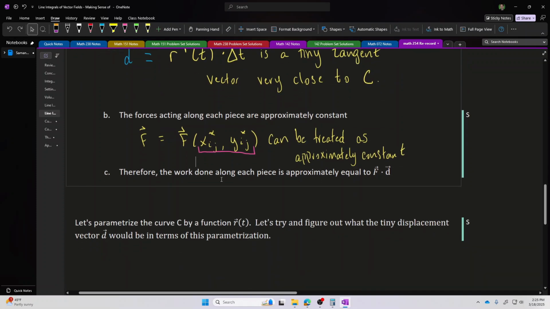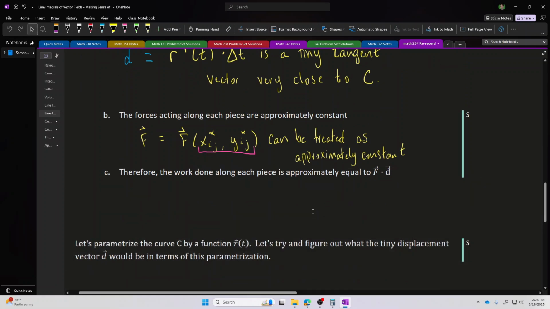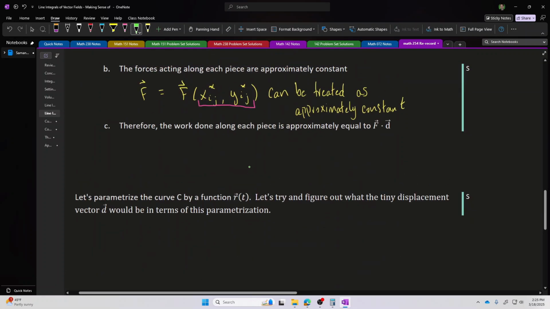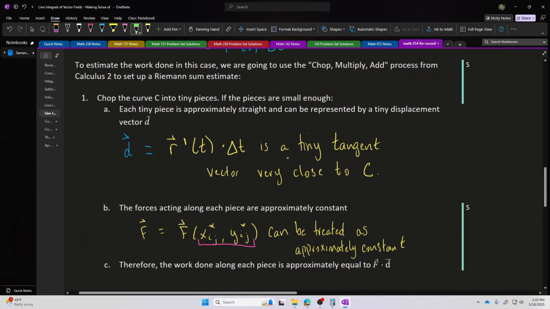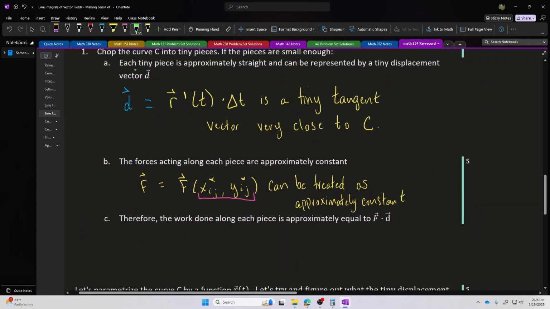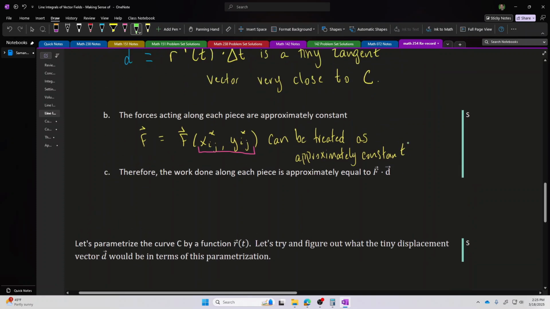So, having said that we can treat r prime times delta t, this tiny tangent vector, as our displacement, and we can treat the forces as approximately constant along this tiny portion of the curve, then the work done along this piece of curve can be found by just taking the dot product of this force vector with this displacement vector.